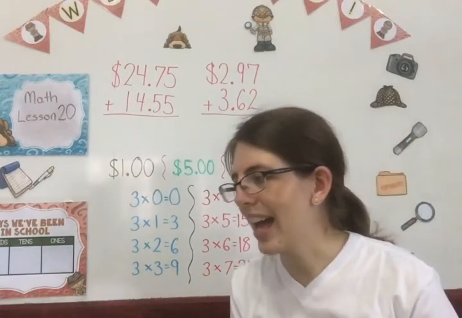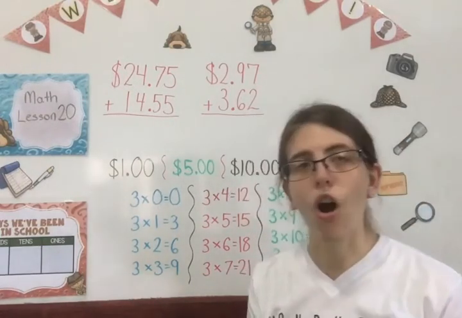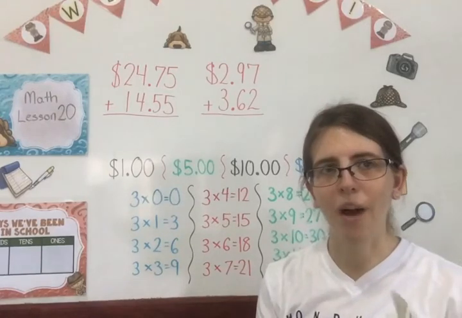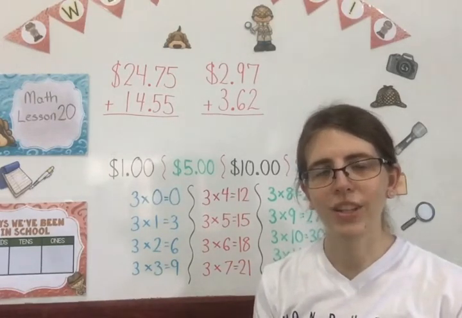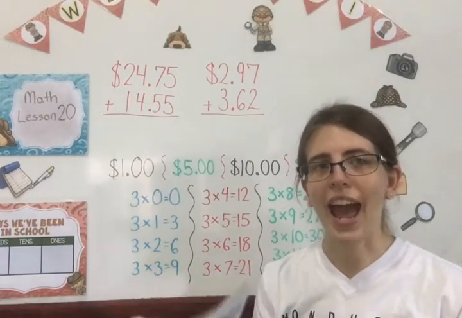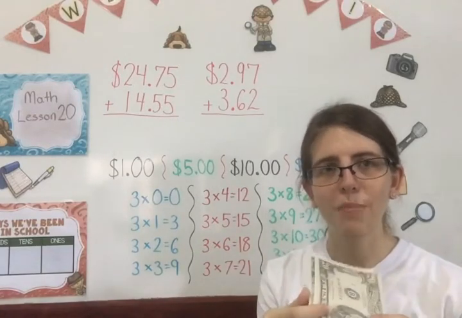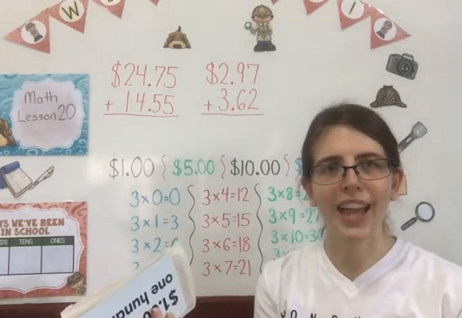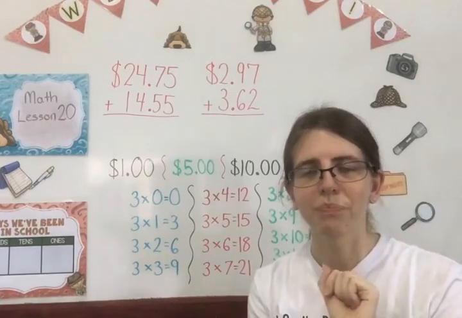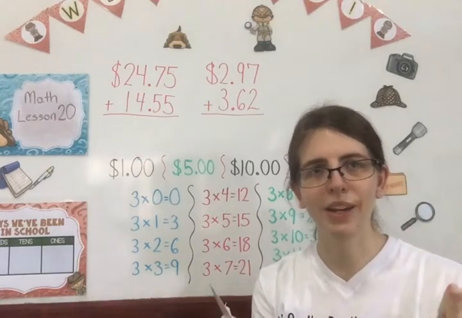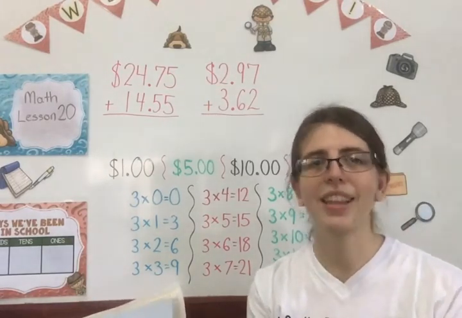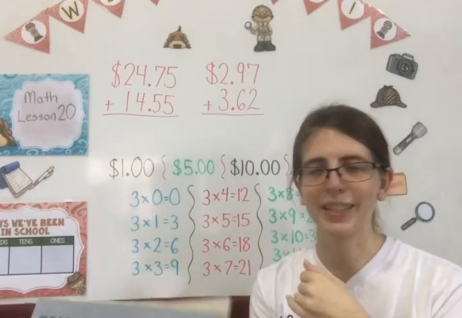So when you add your bills, you should always start with the largest one and then go down to the smallest. You just add the numbers of your bills, and then write down the whole number, .00. If you have any cents, then you put those in the cents part.